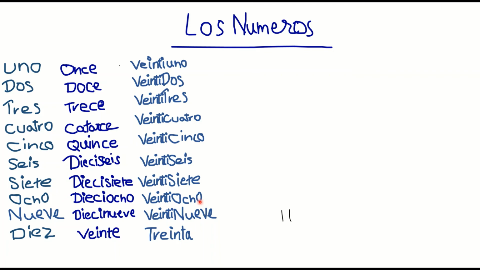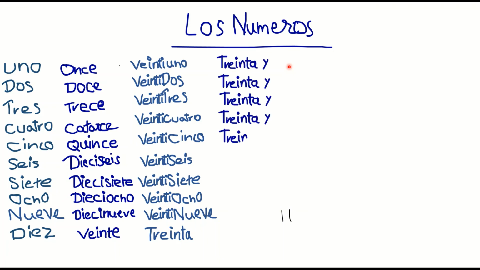So after 30, it becomes very easy. We are just straight away writing 30 and 1, 30 and 2, like this. 30 y 1, 30 y 2, 30 y 3. And we'll just keep adding the numbers.